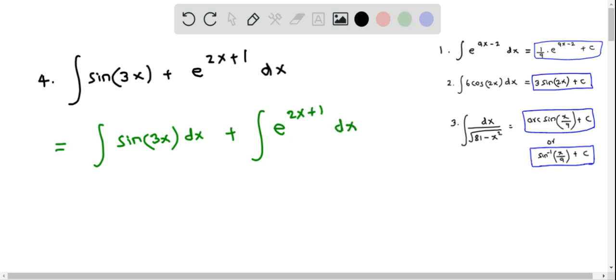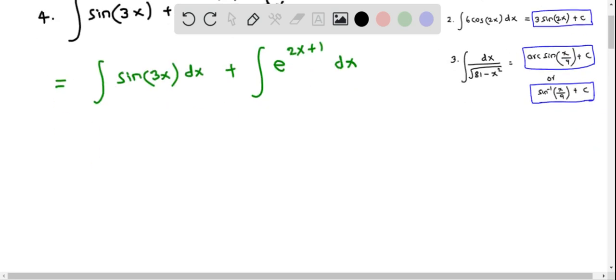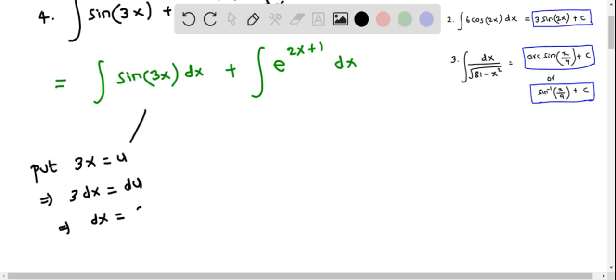So we are going to integrate these two terms separately. So I'm going to use substitution method to integrate both the terms. Here I'm going to put 3x equals u, and then if I take the differentials, I get 3 times dx equals du, and this implies dx equals du over 3.